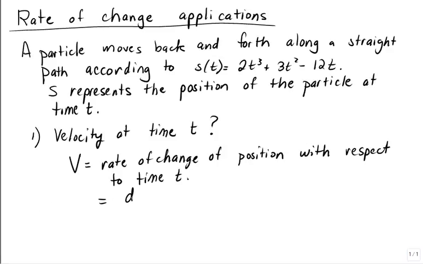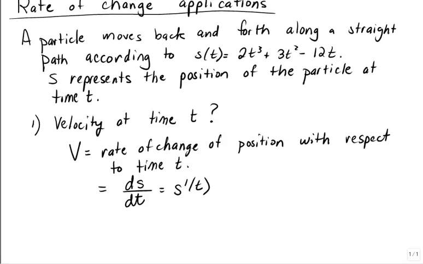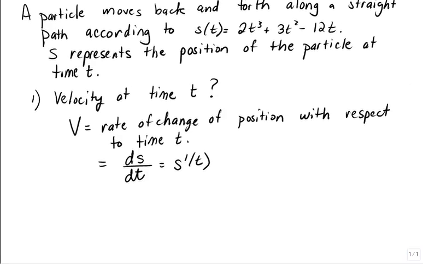So that is ds over dt, or s prime of t. So the velocity is the derivative of the position or distance.